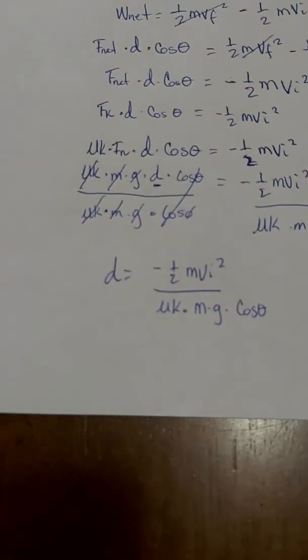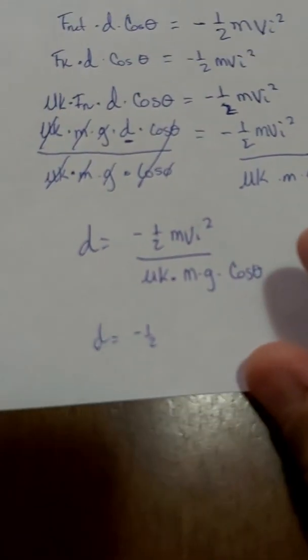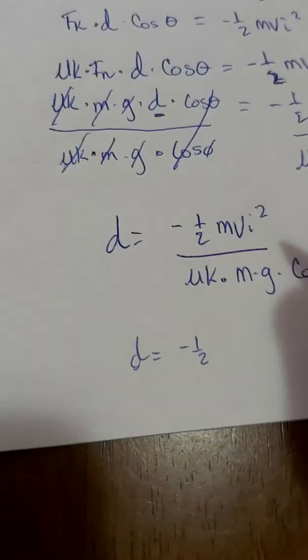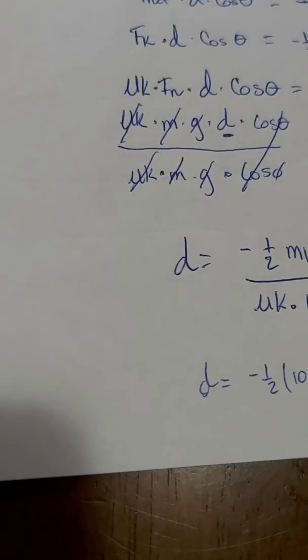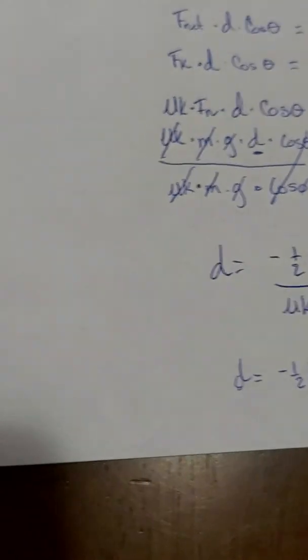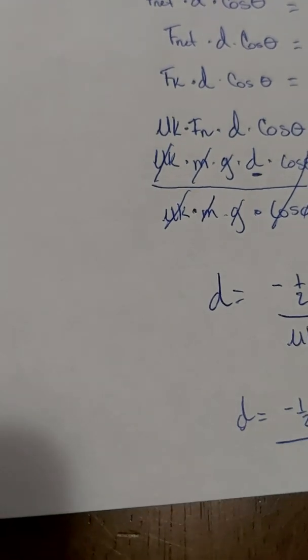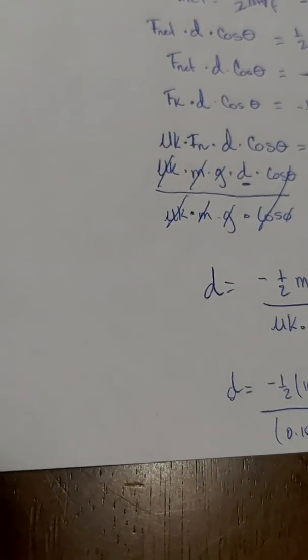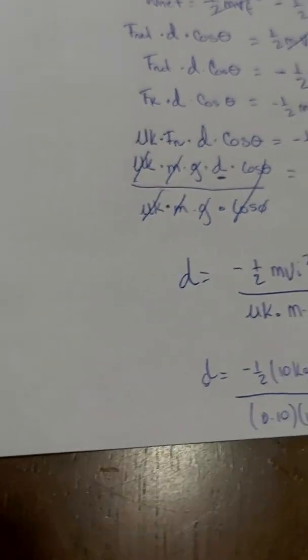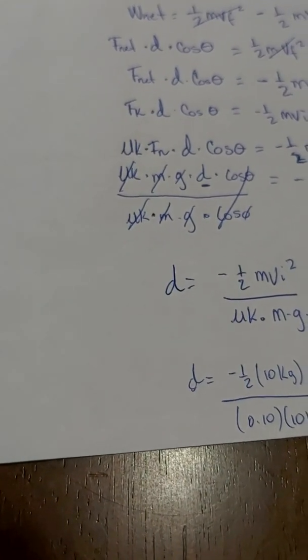Okay. So now let's substitute. D equals negative 1/2 the mass, that was 10, times the initial velocity, 2.2 meters per second, squared, divided by 0.10 times the mass, 10 kilograms, times gravity, 9.81 meters per second squared, times cosine of 180 degrees.